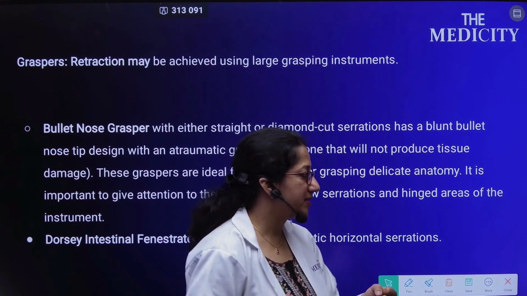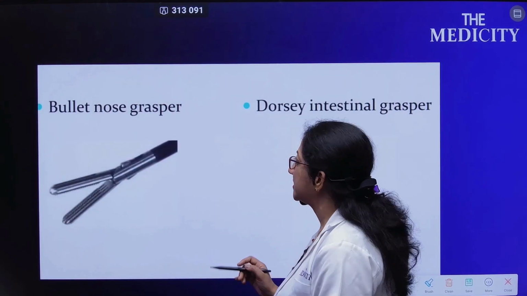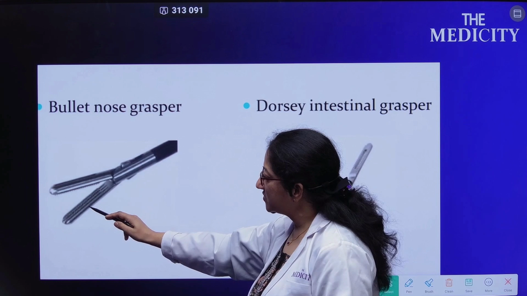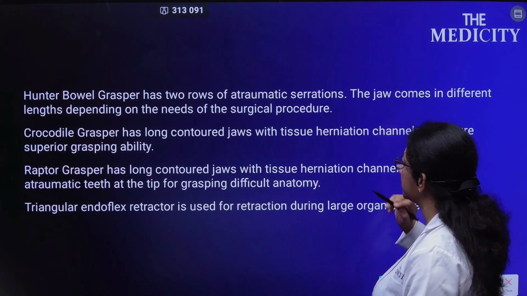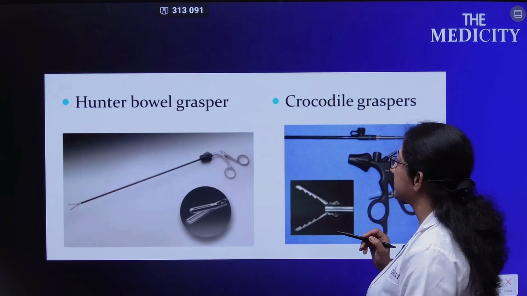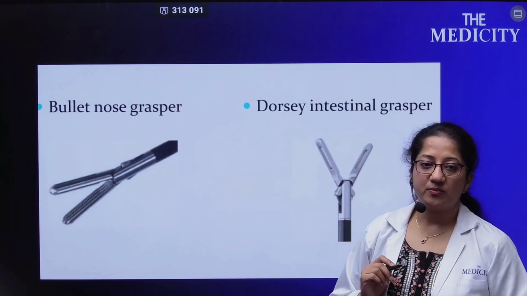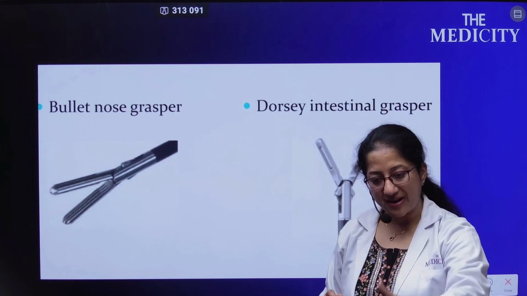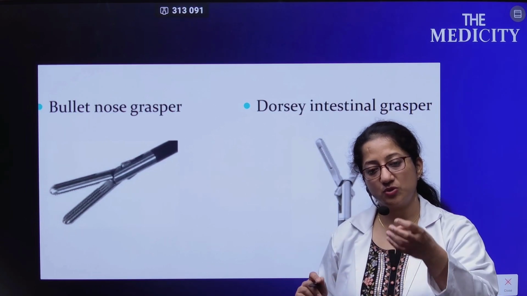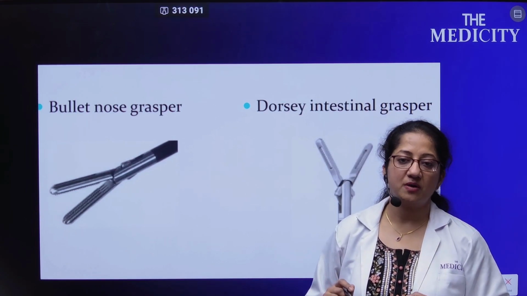In the bullet nose grasper you can see these fine serrations, and the dorsi-intestinal grasper also has fine serrations. These serrations are atraumatic, they don't allow the intestine to get crushed, and we can retract the bowel using these instruments. We can also hold the rectum and the small bowel with these instruments.